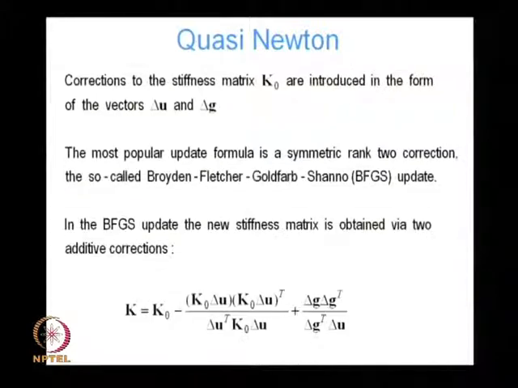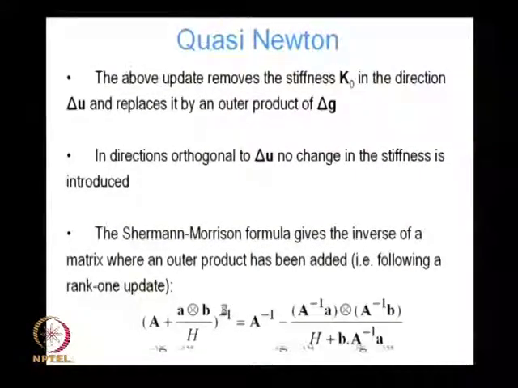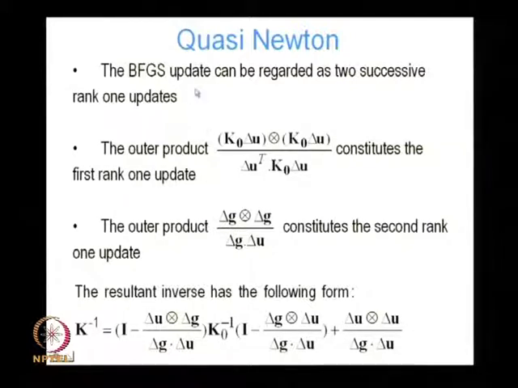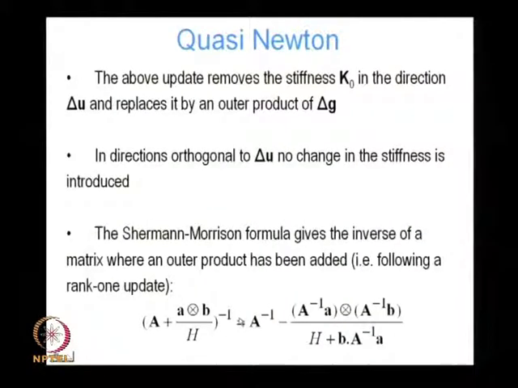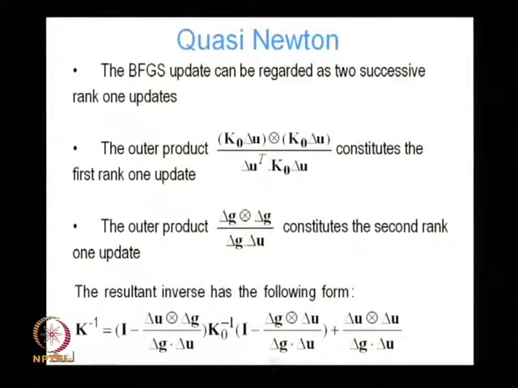The BFGS update, basically this update, we can regard it as two successive rank 1 updates. The outer product K0 delta u tensor product K0 delta u, that is this part, constitutes the first rank 1 update. I have already mentioned that, and the second part constitutes the second rank 1 update.